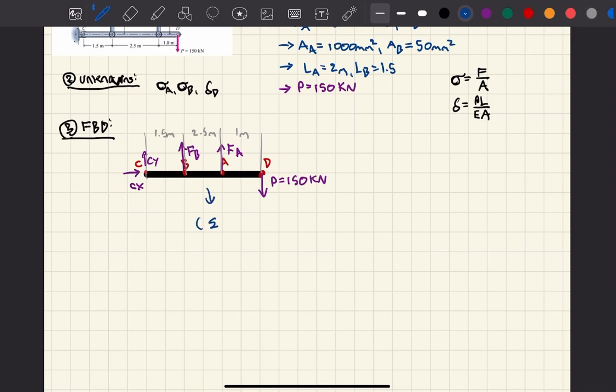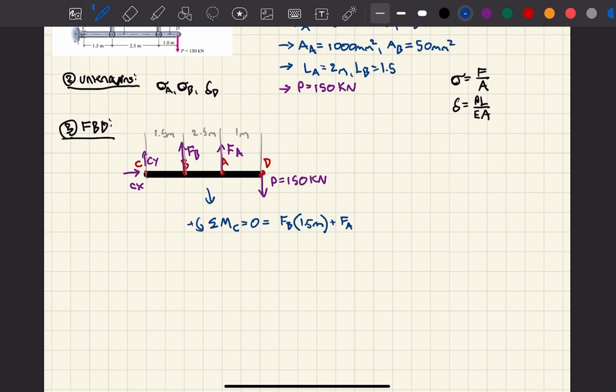If I take a sum of moments about point C, I'm going to have a counterclockwise moment caused by the force FB, so positive moment.